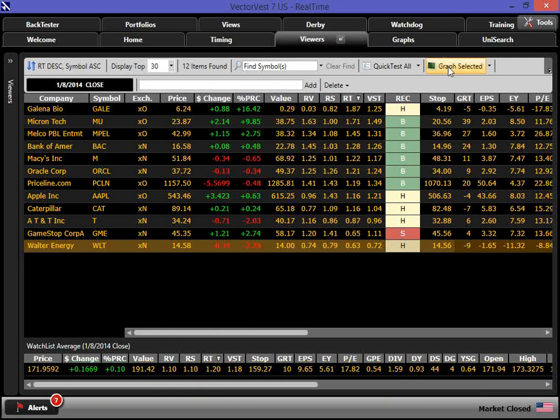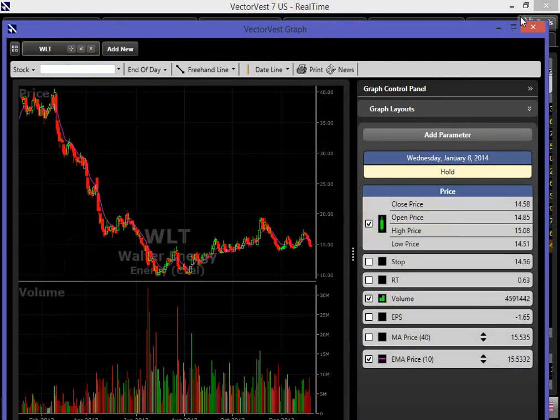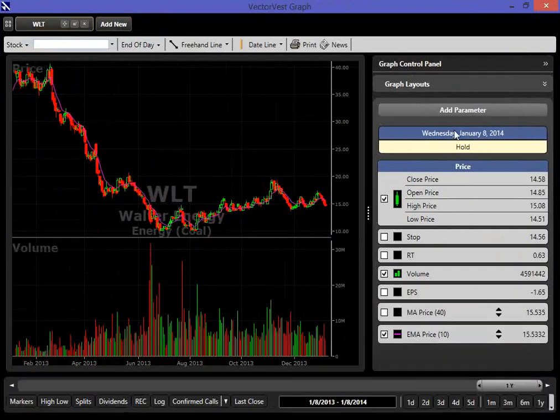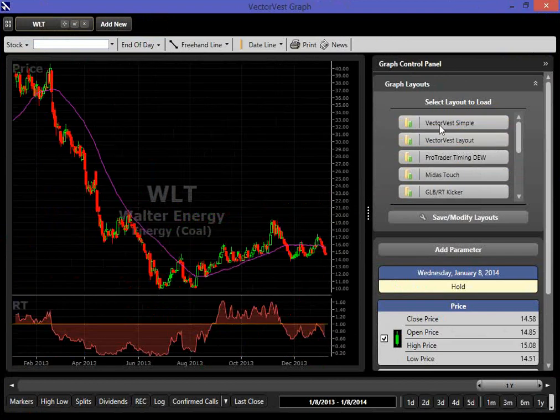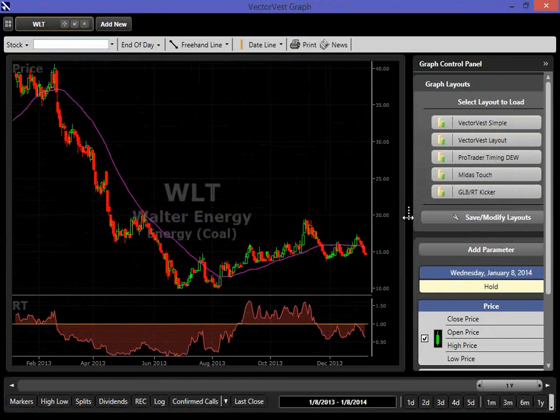Easiest way is to come to the graph selected button here and take a look. And let's make sure we're on the VectorVest layout here. What we have is the price action of Walter Energy. This is a 40-day moving average of that price. And on the bottom we have our RT indicator, our relative timing indicator.